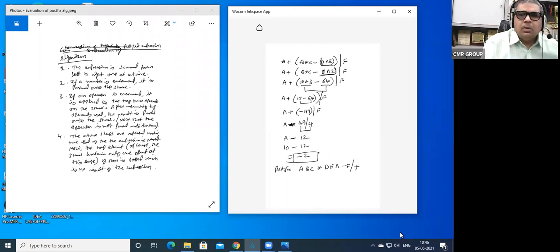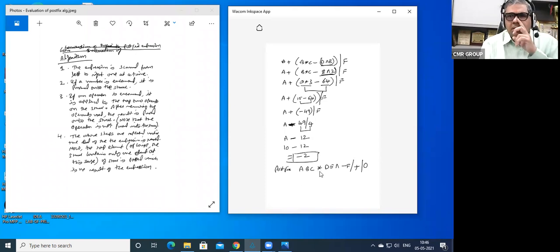So when we are looking at this postfix expression, it is nothing but a string of characters, with a slash 0 at the end. The first symbols A, B, C, D, E and F are all treated as operands.